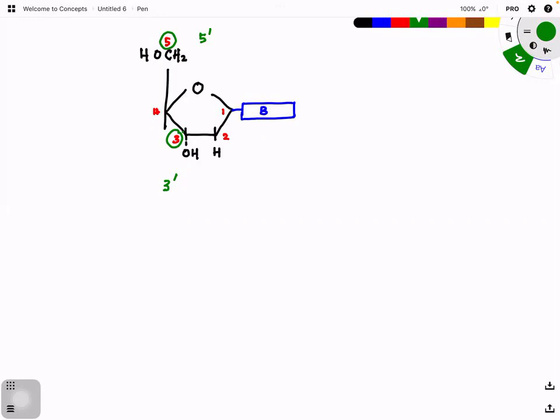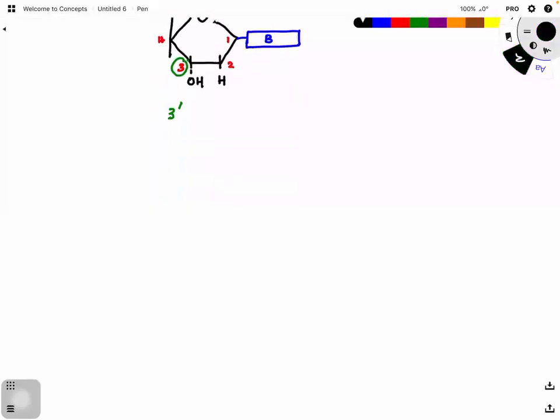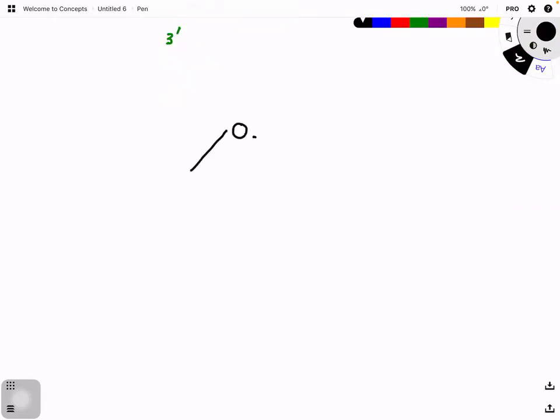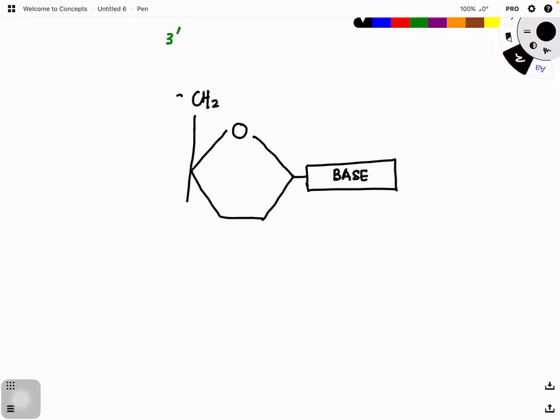Now, let us start with the first nucleotide. What actually happened here? So I draw it larger. This one is connected to the nitrogenous base, and this is carbon number 5, CH2OH. So this part is OH.